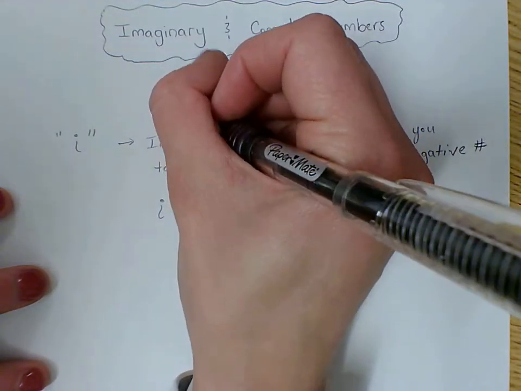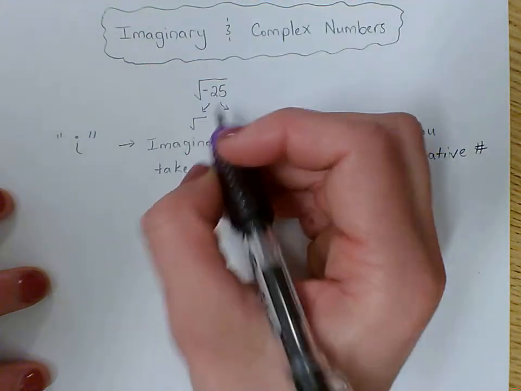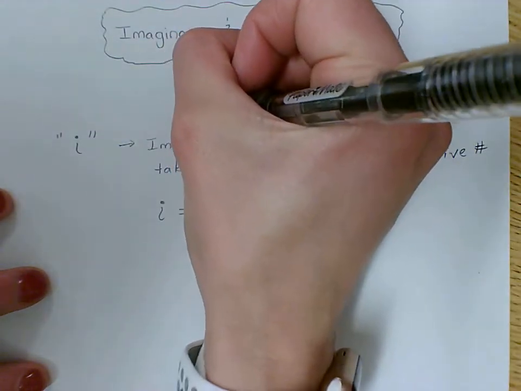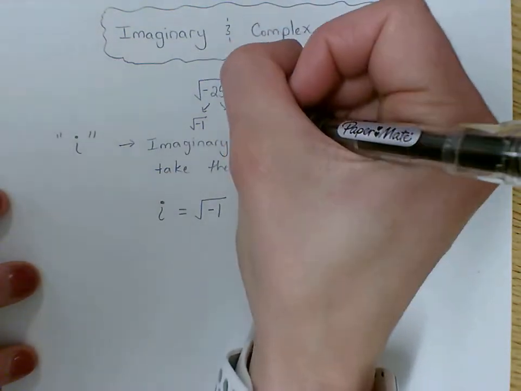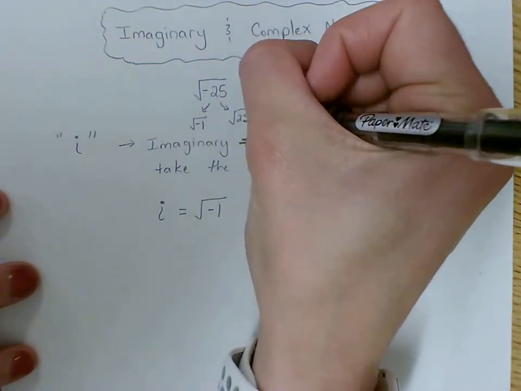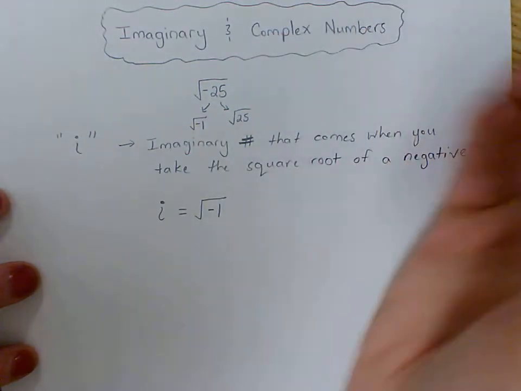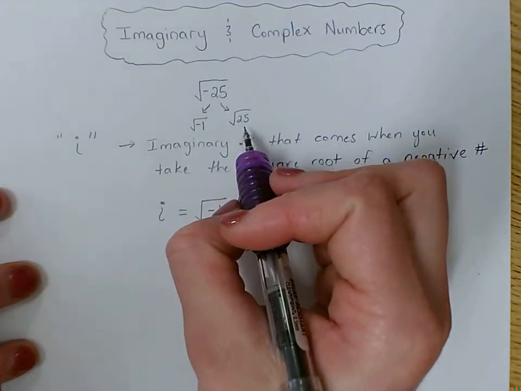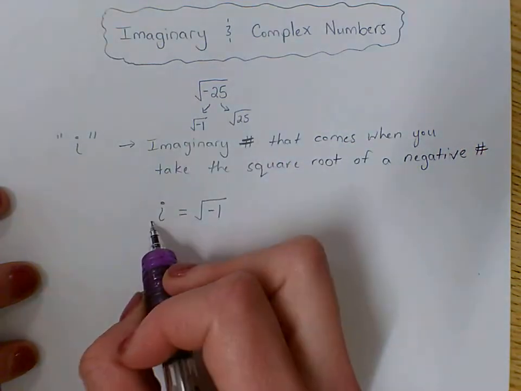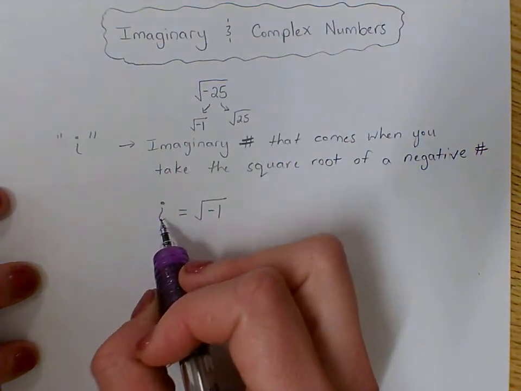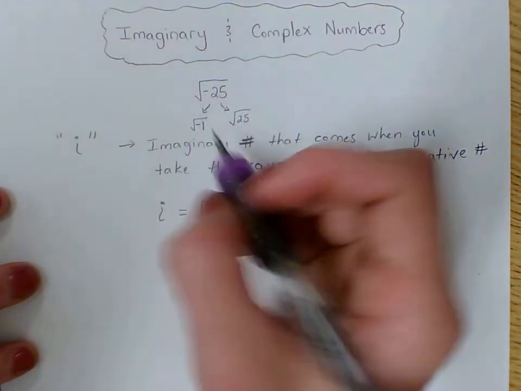So I'm going to break that negative away from the 25, which would be written as a negative 1. Then I'd take that 25 and separate it, taking the square root of 25. The square root of negative 1 is the imaginary number, so we write it as i.